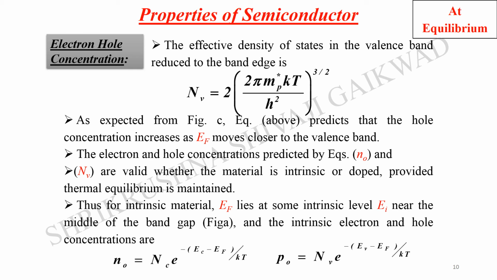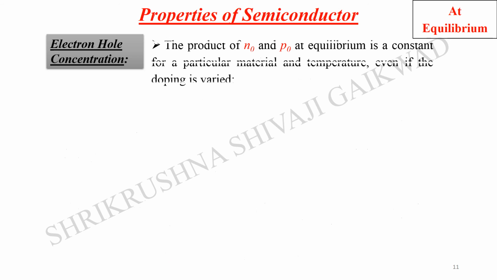Whenever we are trying to calculate the electron concentration, we must deal with the electrons in the conduction band. Similarly, when calculating the hole concentration, we must deal with the holes in the valence band, and EV minus EF indicates the difference depending upon the type of impurity doped within it.